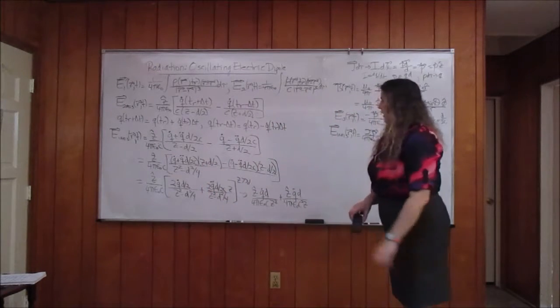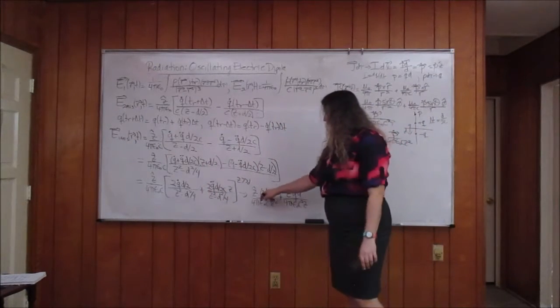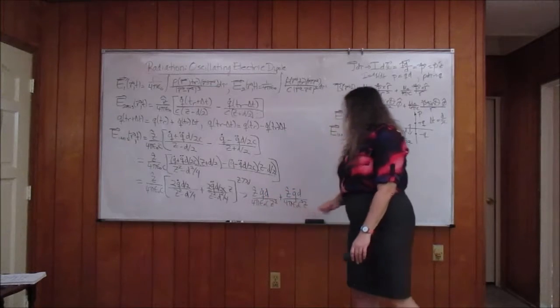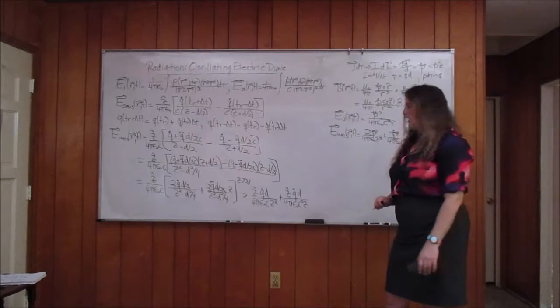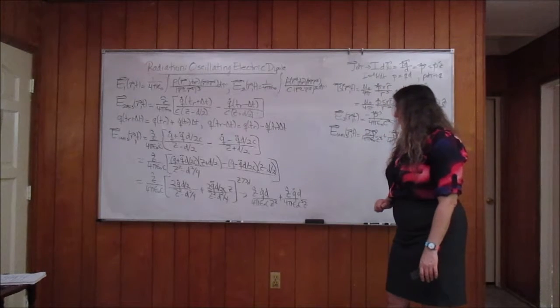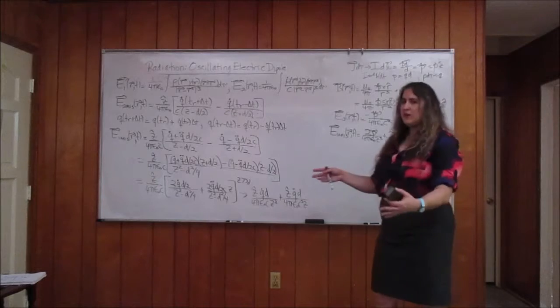Okay. Doing the math here, we have in the z direction q dot d over 4 pi epsilon naught c z squared, and the second term is in the z direction q dot dot d over 4 pi epsilon naught c squared z. Now, what is qd equal to?